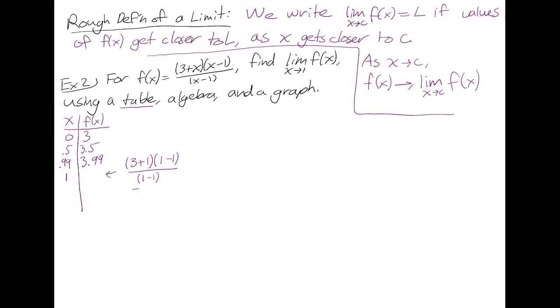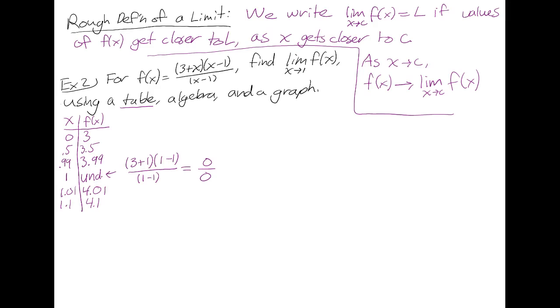So 0 divided by 0 is undefined. So the point does not exist when x equals 1, but that's okay with the limit. It actually doesn't matter. And then if you plug in some numbers a little bit greater than 1, you can see you get things that are also pretty close to 4.